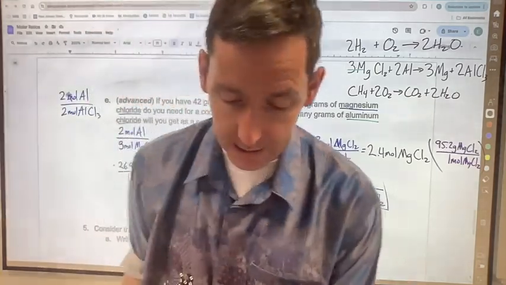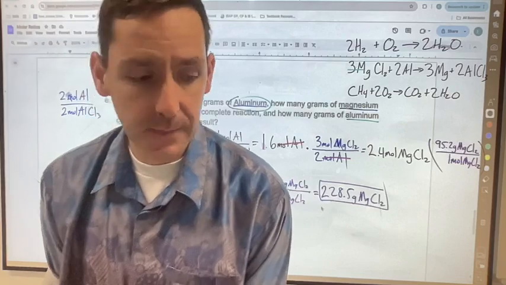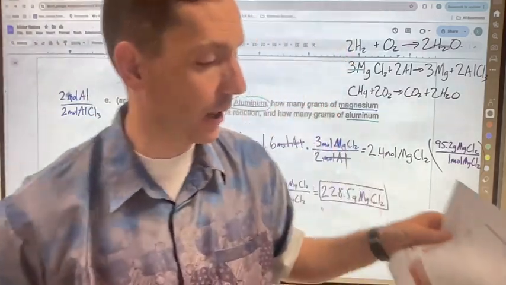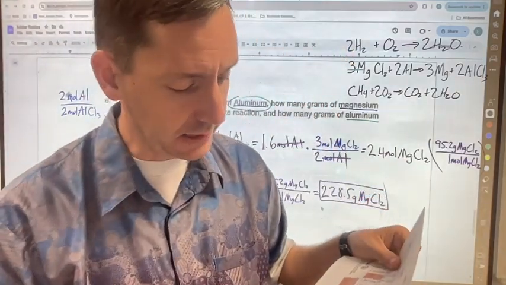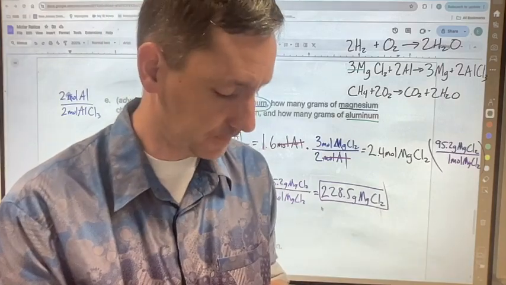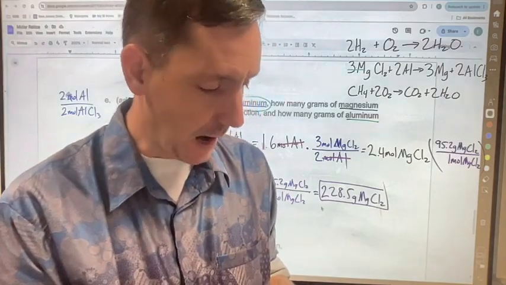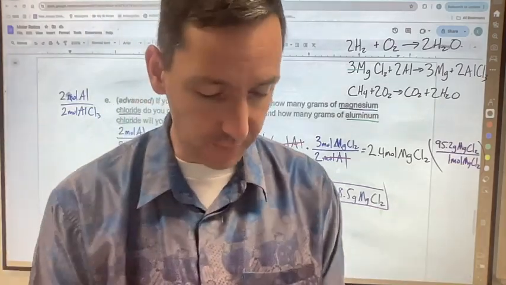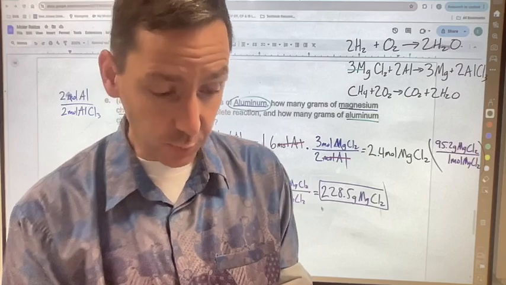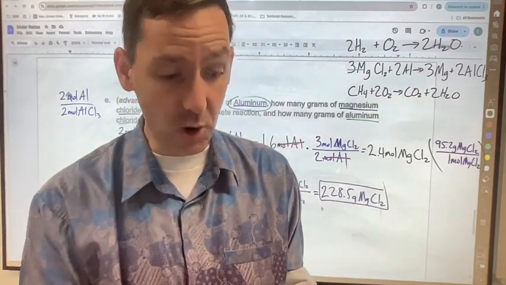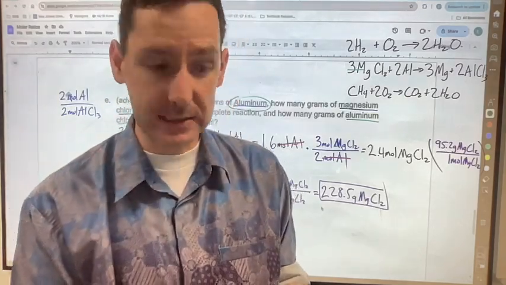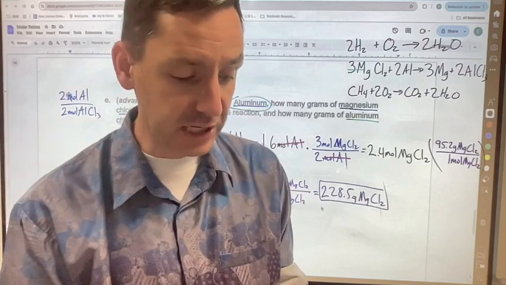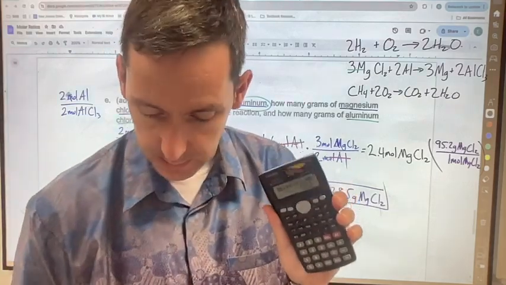So again, I'm going to go to my table of elements, and I'm going to look it up. I'm going to say, well, Al is 26.982. And then I'm going to add the Cl, and the Cl is 35.45. Again, surprise, same thing as last time, Mr. Bywater. And I've got 3 of those because it's Cl3. And when I push enter, I get 133.3.